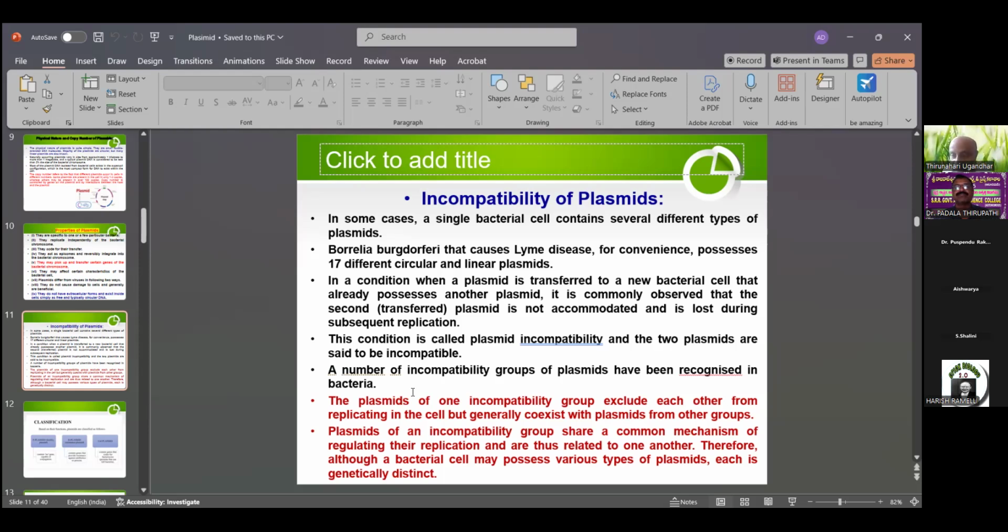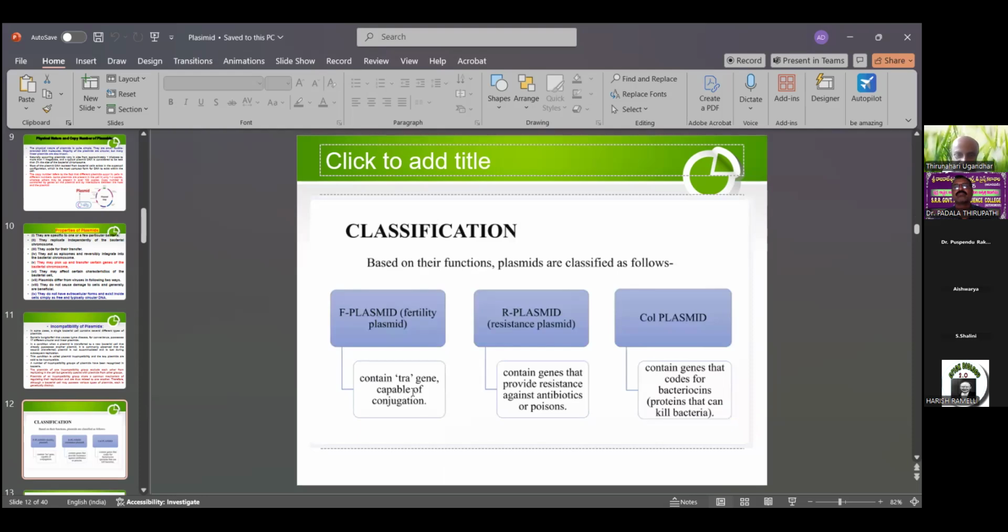Then the genetically distinct qualities are there. This is based on the incompatibility quality of the plasmids. It is also a classification based on the function of plasmids.